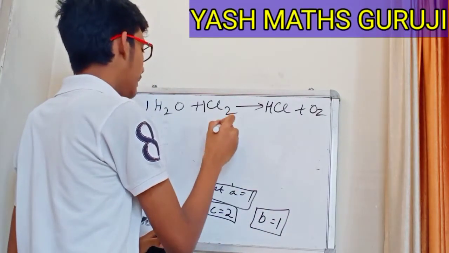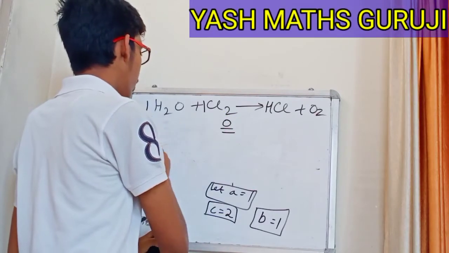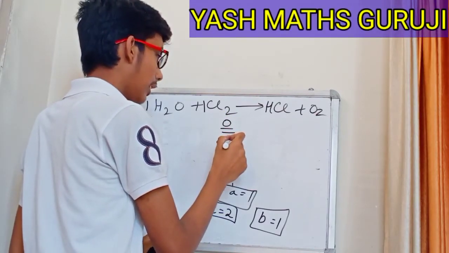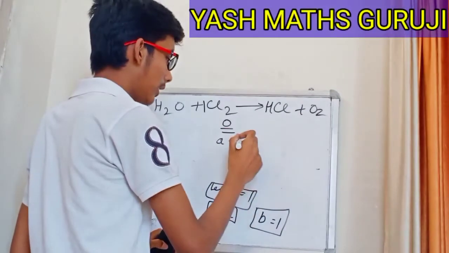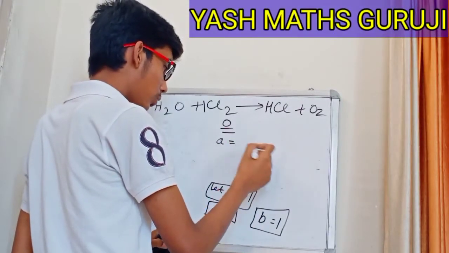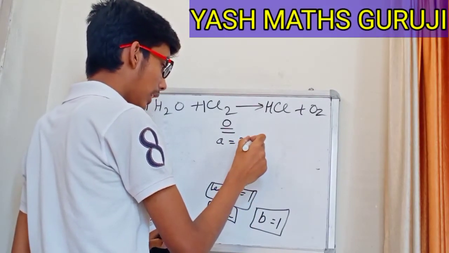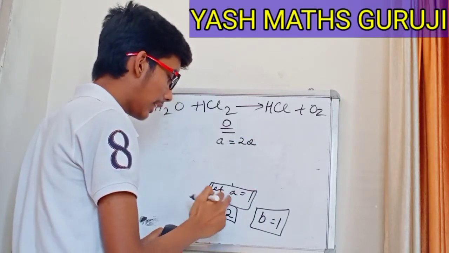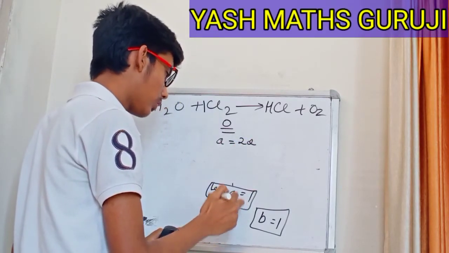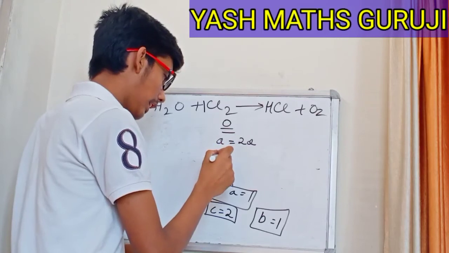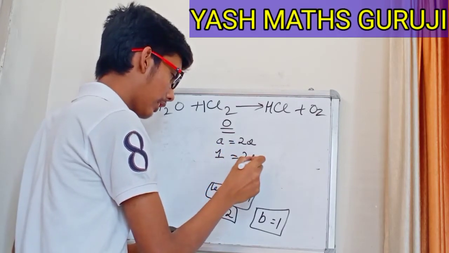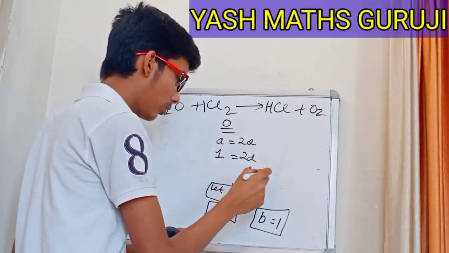O. On the left hand side, O was 1, A, and on the right hand side, O was D, O was 2. So 2D. And as we have taken A, we can take out D also. Therefore A equal to 1 and 2D, and therefore D equal to 1.